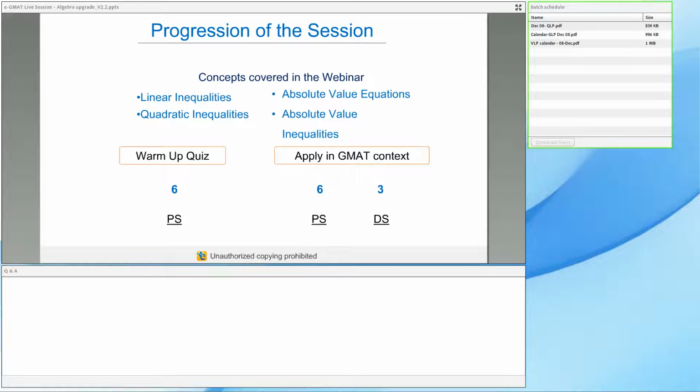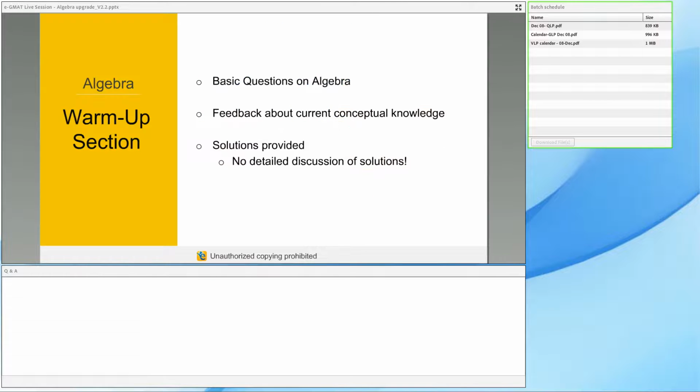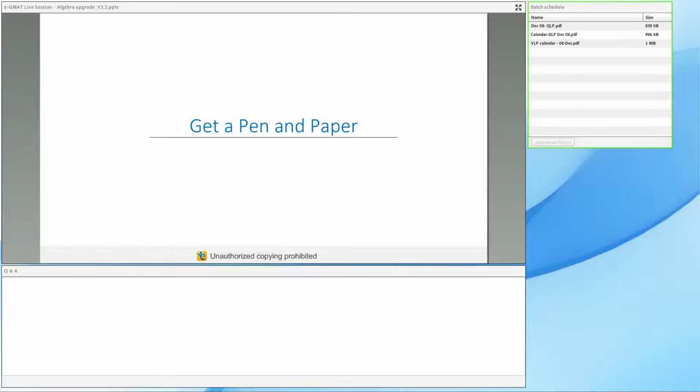Then after completing those, we'll discuss 9 more questions, out of which 6 will be PS and 3 will be DS. Since the warm-up questions are basic in nature, I'm just going to give you high-level feedback on your current conceptual knowledge, and the solutions provided are not very detailed, but I'm going to discuss enough to let you know how to solve those questions. So grab your pen and paper and let's get started.